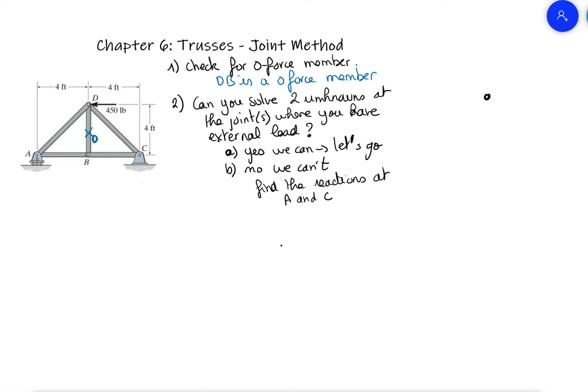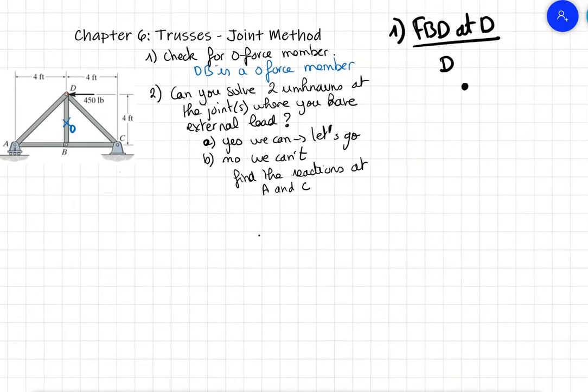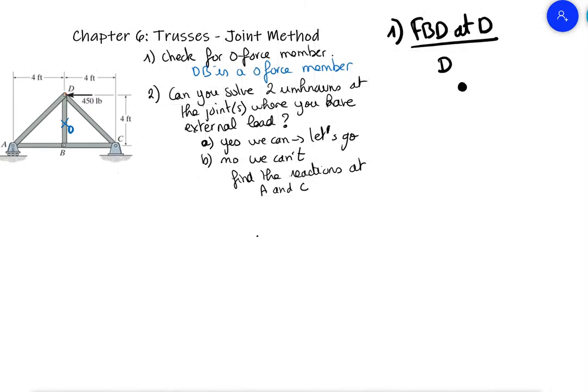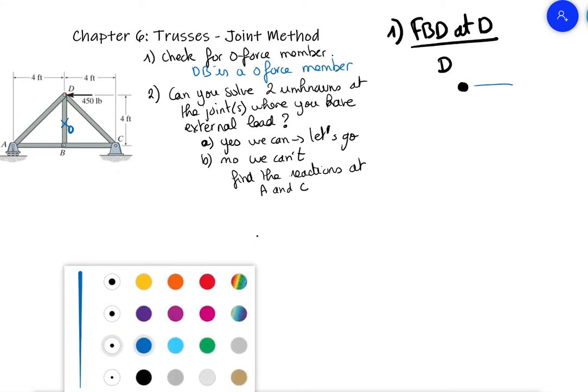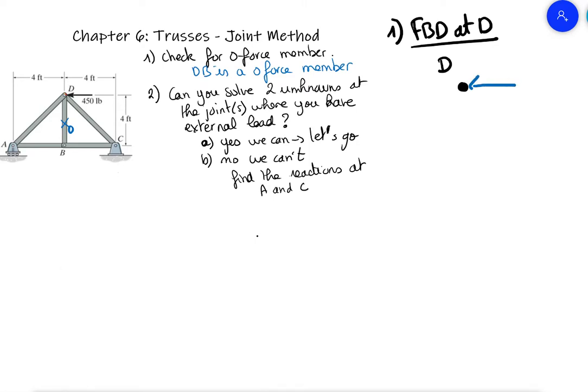So I do my free body diagram at D. That's kind of my second step, because the first step was just to check the zero force members. We have the point D. We have one force that we know, that is the 450 pounds, and we have forces from AD and DC.